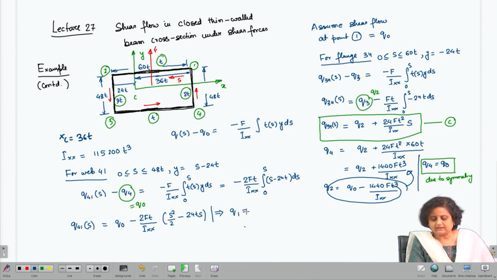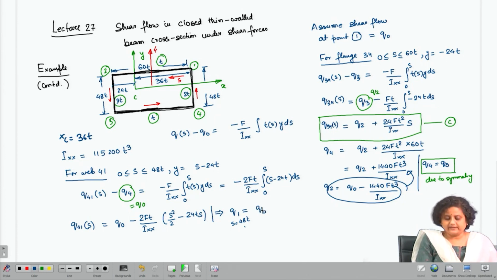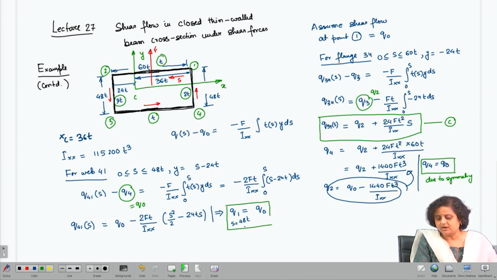Now, if we want to find out from this expression what Q1 is again, I have to put S equal to 48t. If we put S equal to 48t, we will see that Q1 is equal to Q0. So, we have correctly gone back to the portion Q1 and we have found out Q1 is equal to Q0.